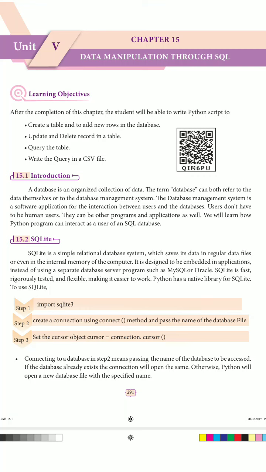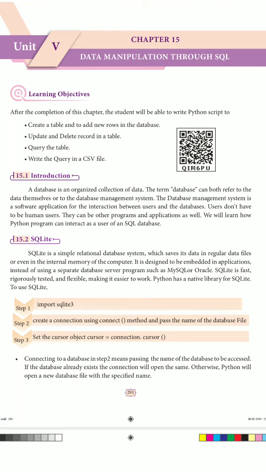In this chapter we are going to read about creating a Python program to access the database and manipulate, modify or delete data in a database. For that you need SQLite. SQLite is an API, meaning application program interface.